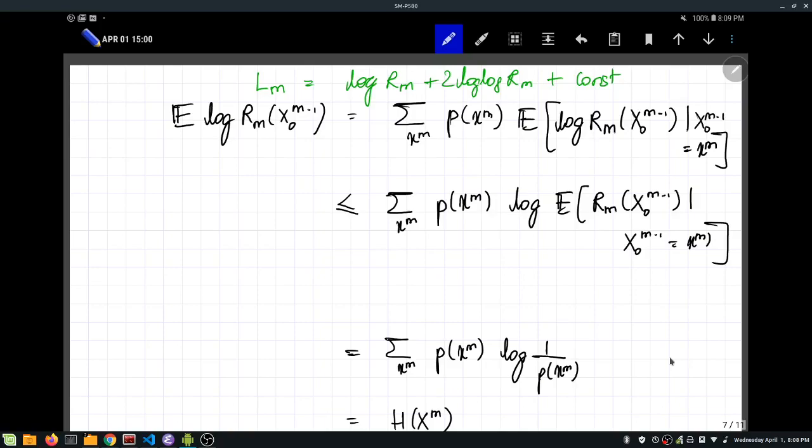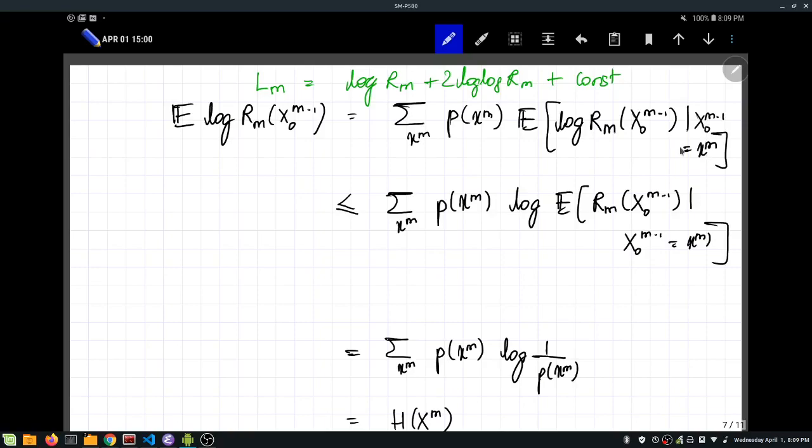So the expectation of log R_m is simply given by, if you decompose this in terms of conditional expectations, the sum over all possible x_m of probability of x_m, if you condition on the fact that x_0 to x_{m-1} is equal to this little x_m, times the expectation of log R_m of x_0 to n minus 1 conditioned on x_0 to m minus 1 being equal to x_m.